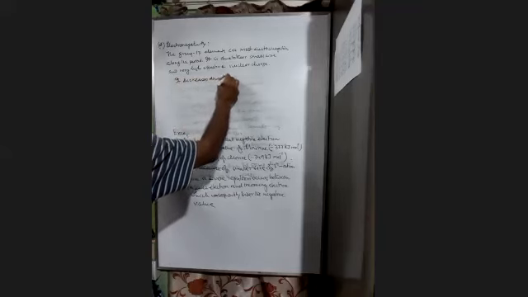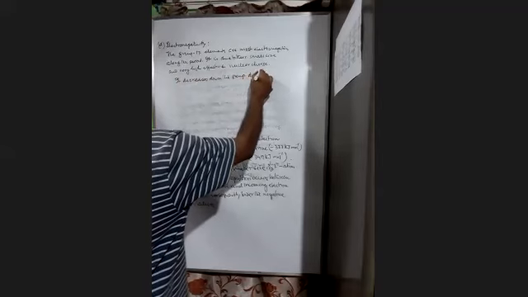It decreases down the group. Why? Due to increase in their size. So I told you, ionization enthalpy, negative electron gain enthalpy, and electronegativity depend upon atomic size and effective nuclear charge. If you know that, the other three also will follow.